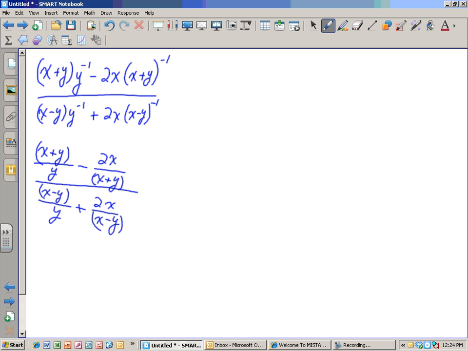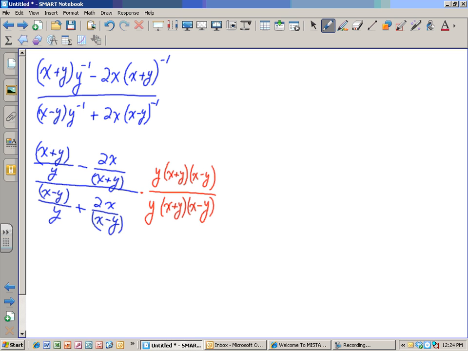Y, x plus y, and x minus y, all three. So what I'm going to do is multiply the top by y times x plus y, x minus y, and also the bottom, x plus y, x minus y. That is the common denominator.